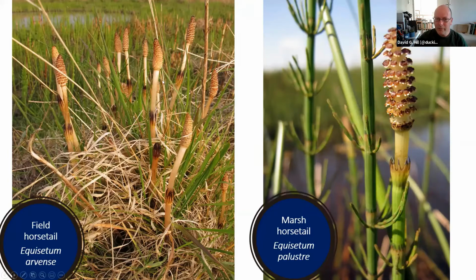So these appear before the rest of the plant and cast the spores. And in another group, they occur on the top of the green plant. Now on the one on the left, you can actually just see some of the more traditional green structures of the plant behind. And on the right, all of the tops of the stems have these cones or strobili.